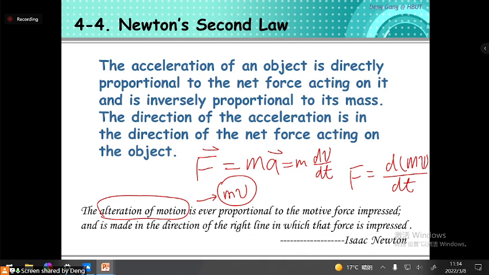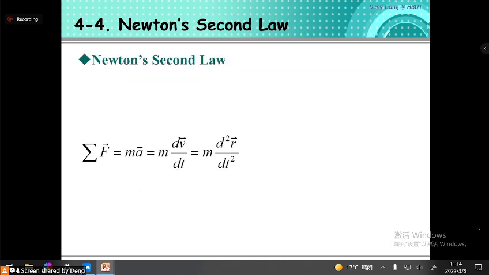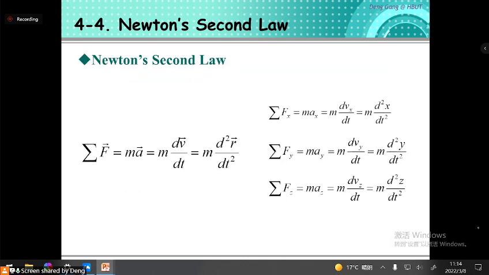So this one is more general, while this one is practical in our daily life. So this is the equation for Newton's second law in 3 dimensions. In 3 dimensions, we can use the vector form because force is a vector.